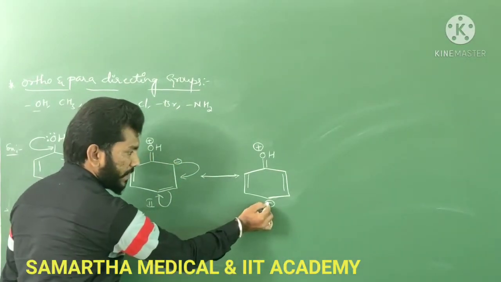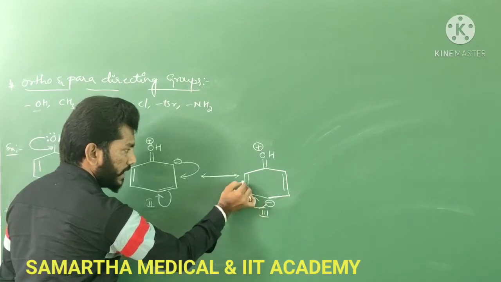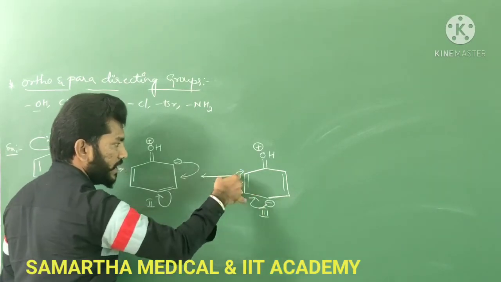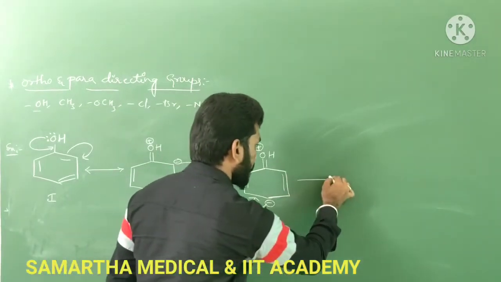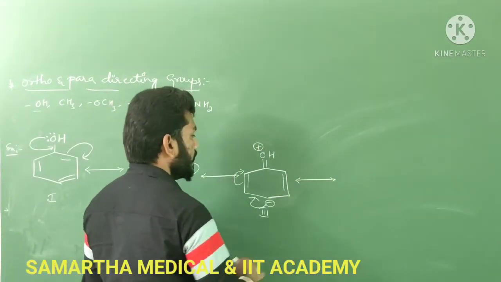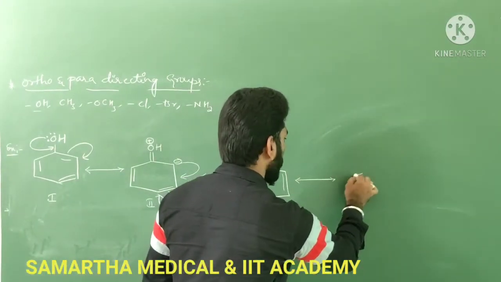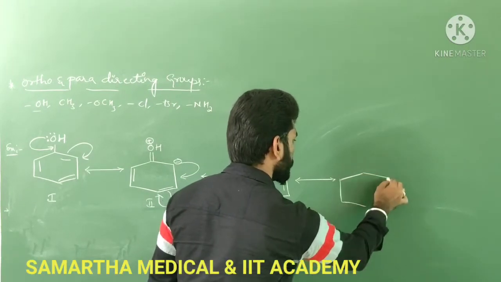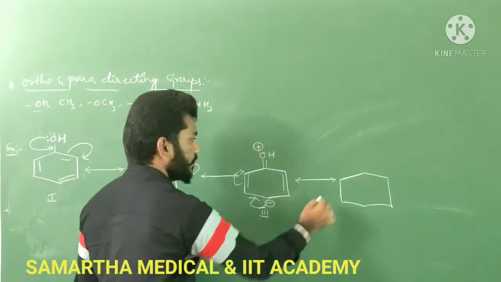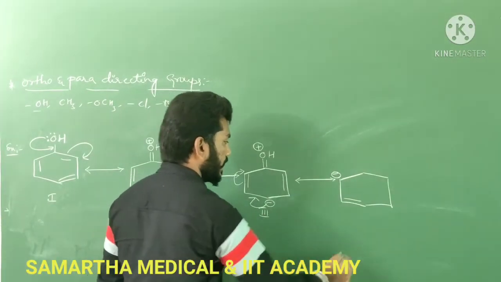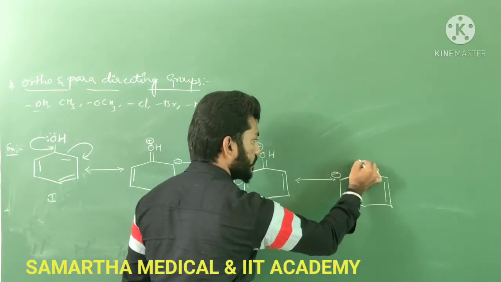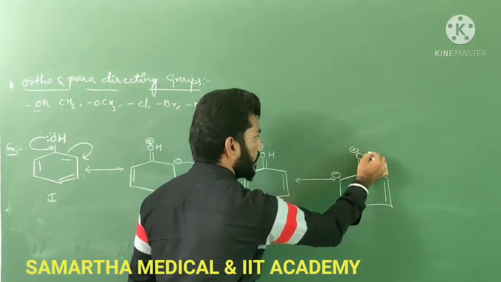Then when this pair of electrons shifts over here, this pair of electrons has to come across to this carbon. Write it like that: we get a negative charge here, a bond here and a double bond here, with O plus H.